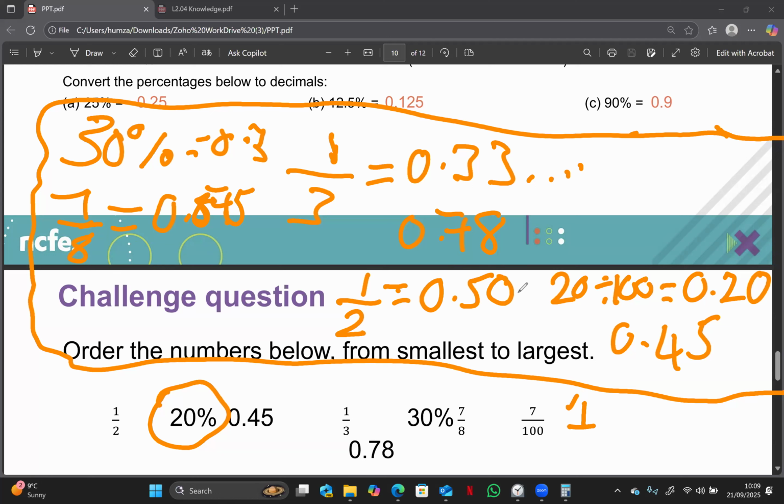Yeah, 20. Yes, exactly. So the second one will be 20%. Remember, because we converted it into a decimal. So the second one will be 20%.